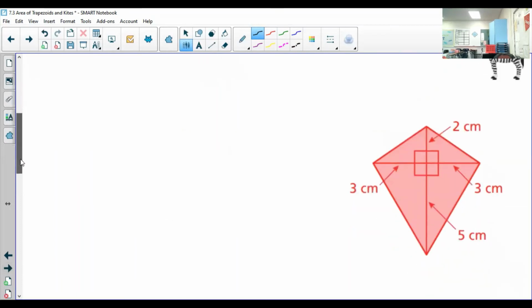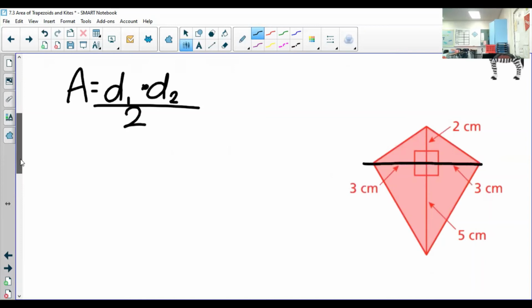Let's do another one. So we have diagonal 1 times diagonal 2 divided by 2. All right, diagonal 1, it doesn't matter what I pick, so I'm going to do this right here.